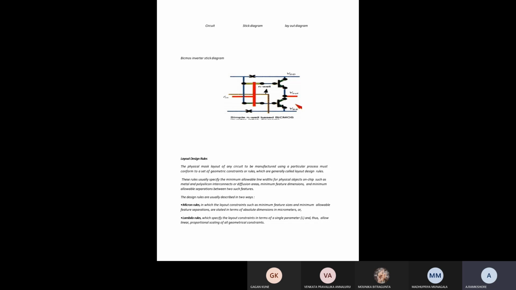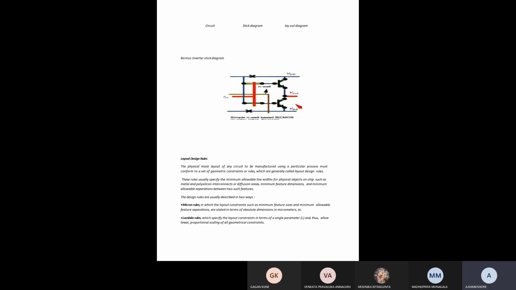Here we define the lengths, widths and all the sizes, that means simply 2 micrometer, 1 micrometer, 3 micrometer, and so on.